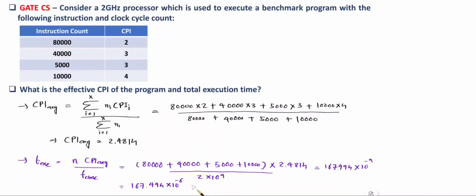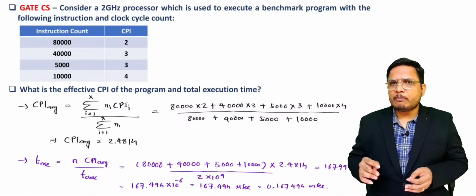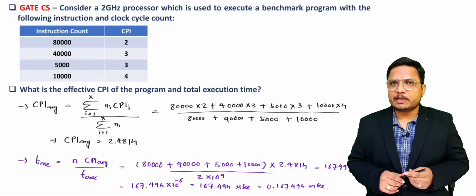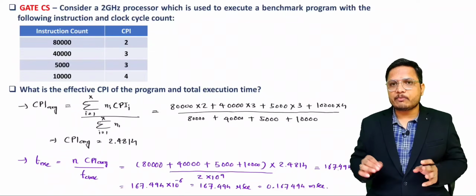So you can have data in terms of microsecond, 167.494 microsecond, and you can have this in millisecond as well. That will be 0.167494 millisecond, right? So you may be given it in the form of milli or microsecond in the examination, so you should be ready for this type of question.